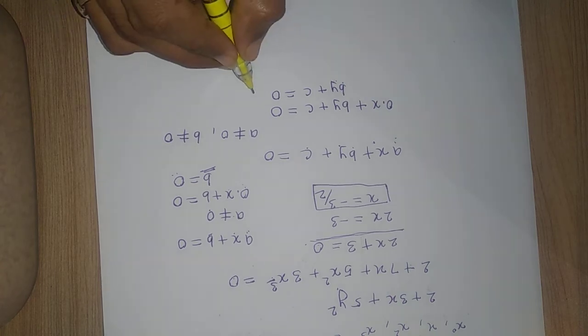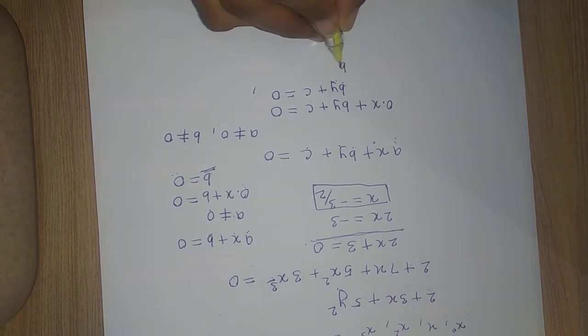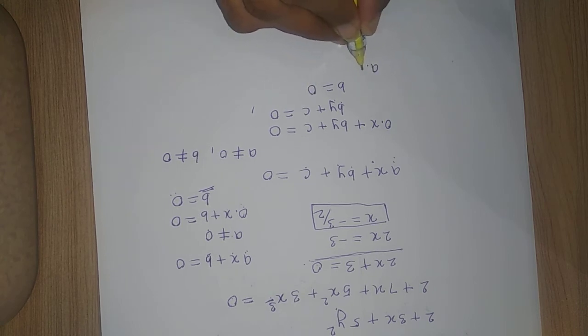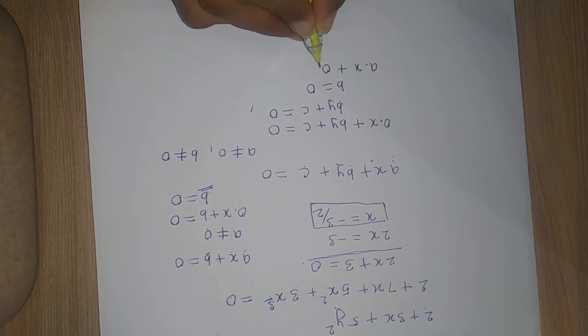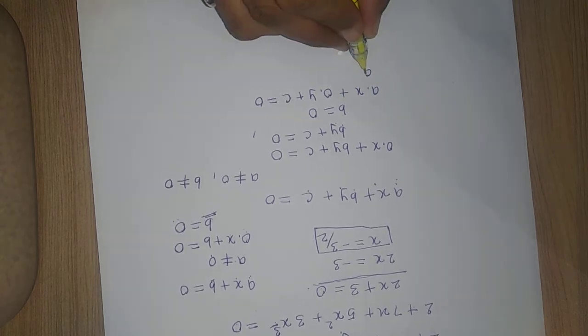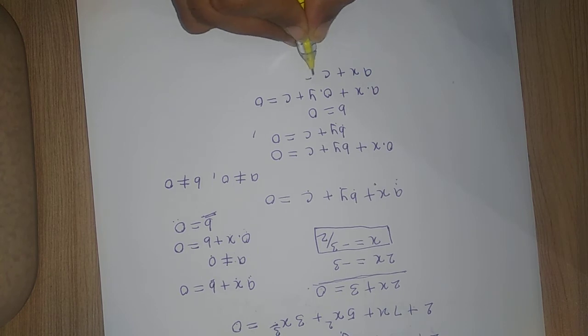Similarly, if we put b is equal to 0, it becomes ax plus 0y plus c is equal to 0 or ax plus c is equal to 0.